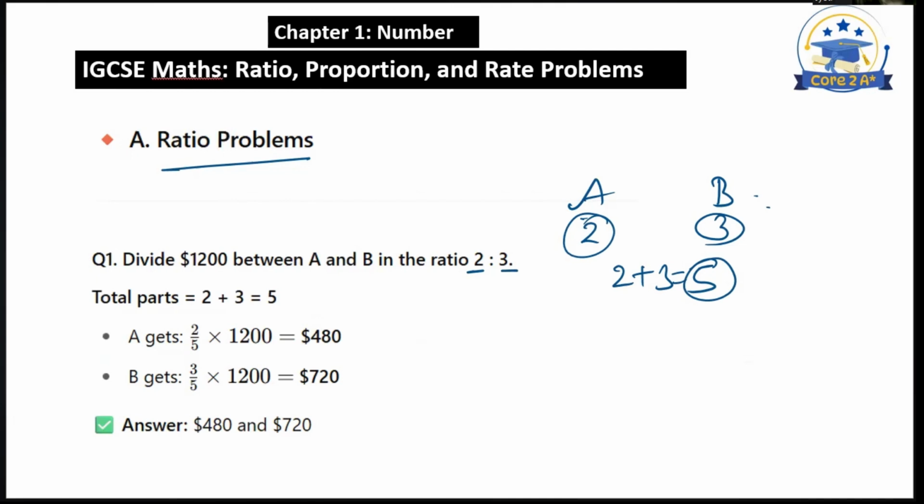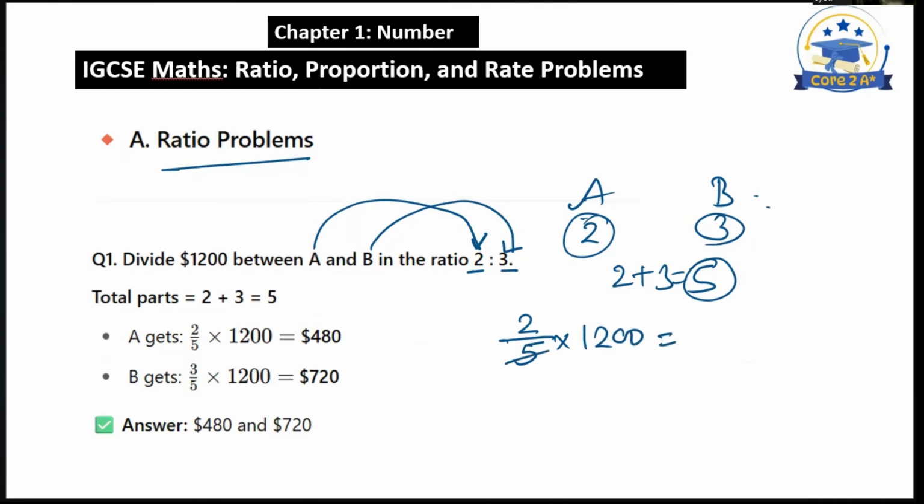Okay. For A, what we have to do, because A is getting 2, B is getting 3. So for A, 2 upon 5 multiplied by $1,200.